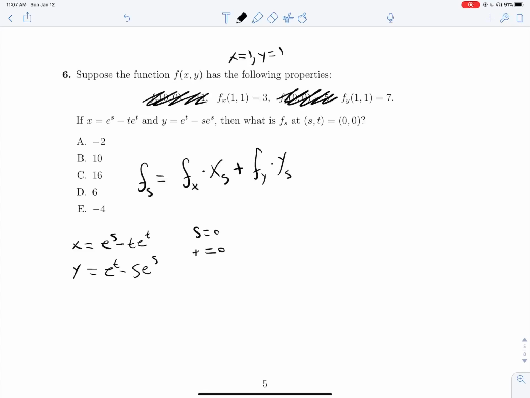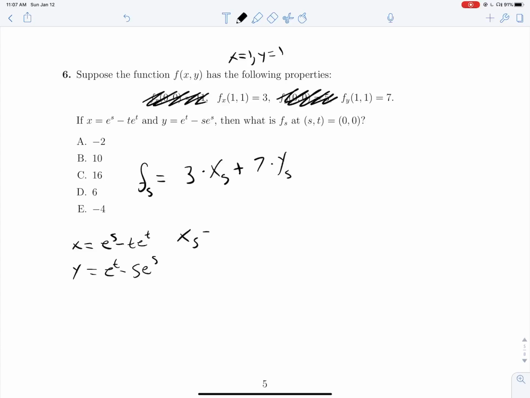This is something that they often like to do, giving you kind of fake inputs that match your secondary variable inputs, and that can easily trip you up if you don't recognize it. So now we know that this fx in here is going to be a 3, and this fy is going to be a 7. All we need to do is find xs and ys.